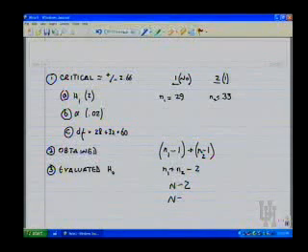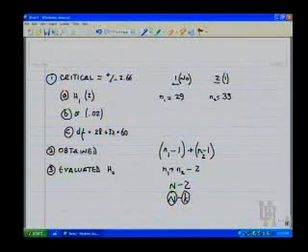If we use the letter K to denote the number of groups, then the degrees of freedom are given more generally by N minus K, where N is the number of people in the study and K is the number of groups.